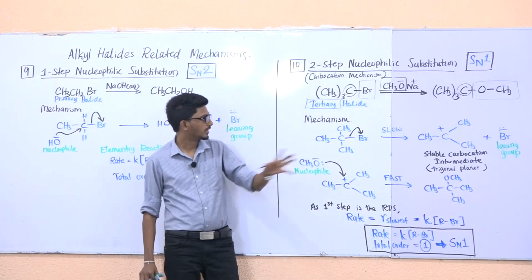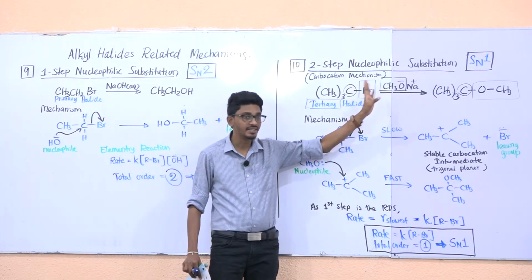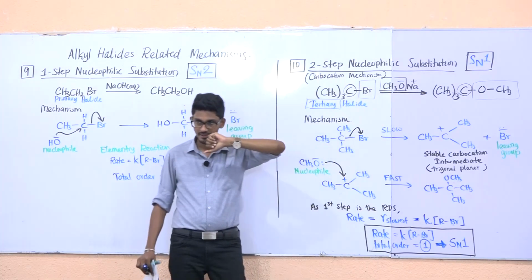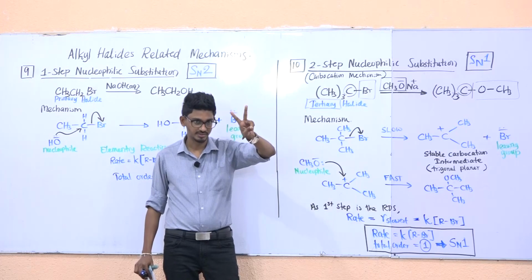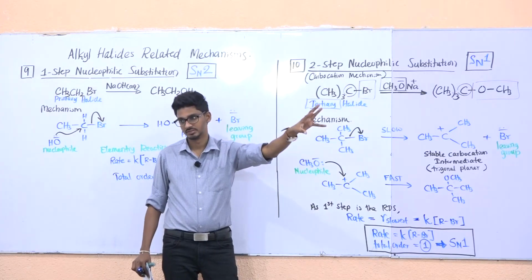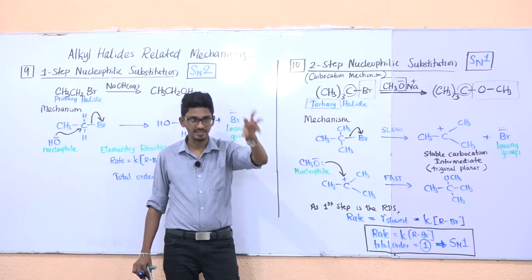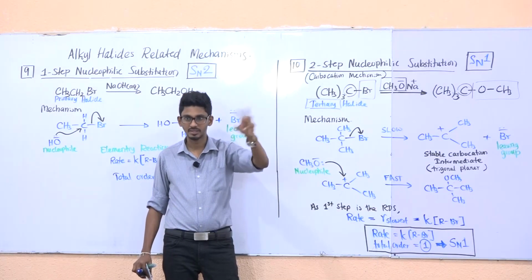Right? So this thing is kind of an ionic compound. Ionic compounds are formed by two particles, the cation and the anion. As a nucleophile, only the anion will participate in the reaction.